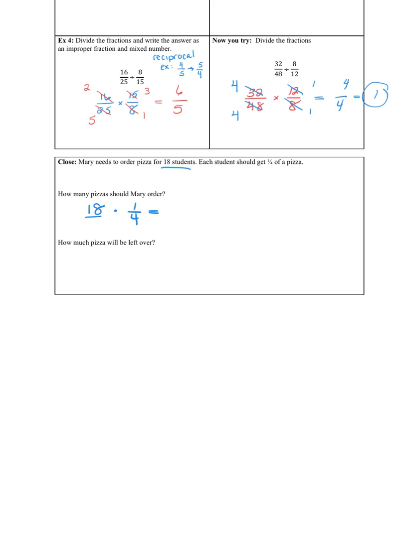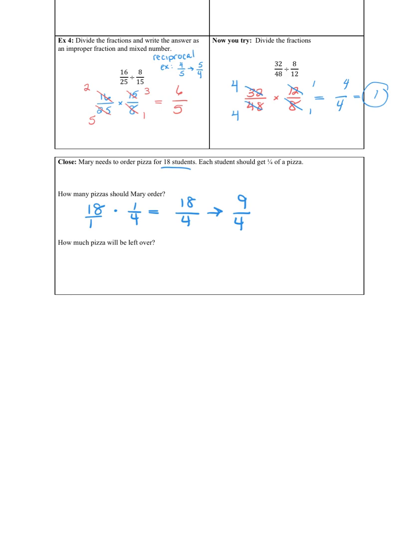Now I could also write 18 over 1 in case that confuses you to have a whole number times a fraction. So I get 18 over 4. Now I can reduce that by dividing it by 2, and I get 9 over 4. Now when calling a pizza restaurant, I wouldn't say, hey, I need 9/4 of a pizza, right?